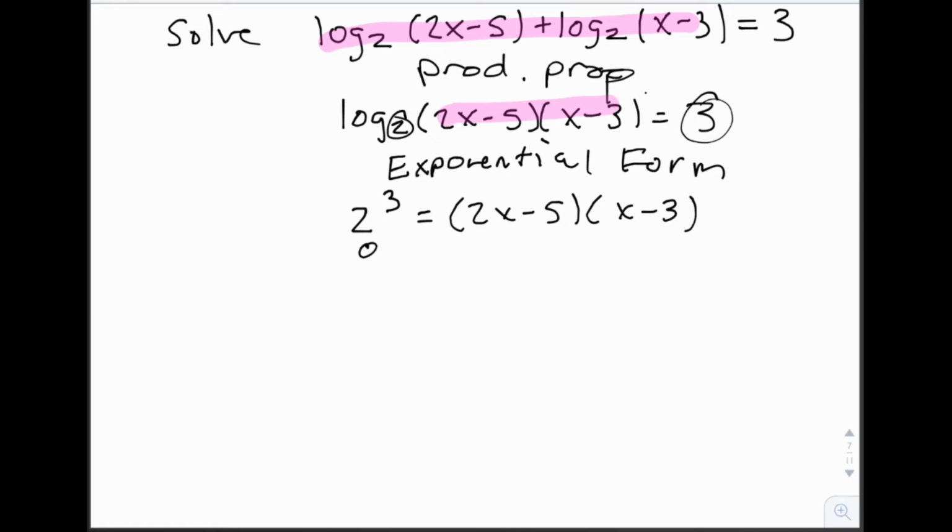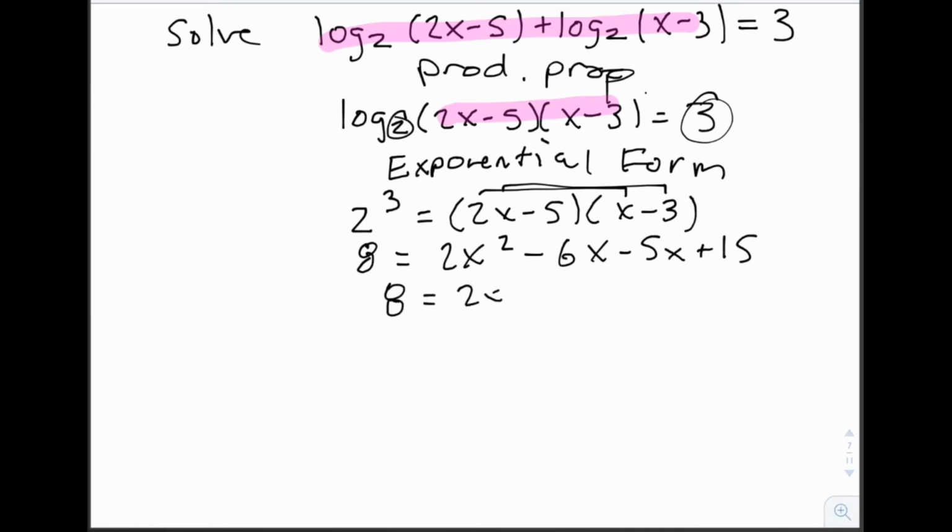This gives us 8 is equal to 2x squared minus 6x minus 5x, and then finally plus 15. So this will get us 8 equal to 2x squared minus 11x plus 15.